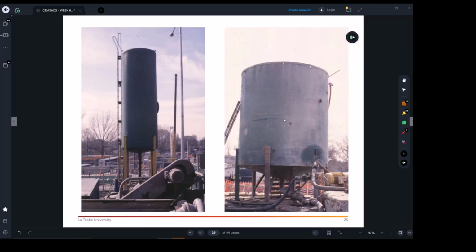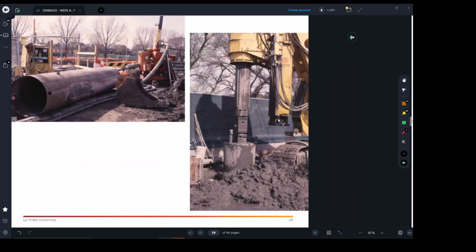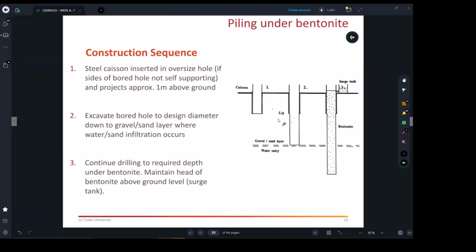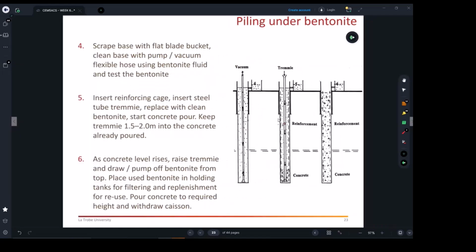That's how it looks. So, for example, tell me, what was the purpose of using a surge tank? You need to talk to us about it and give some sketches, which was carefully documented for you in those steps. Step number 3 is talking about it.